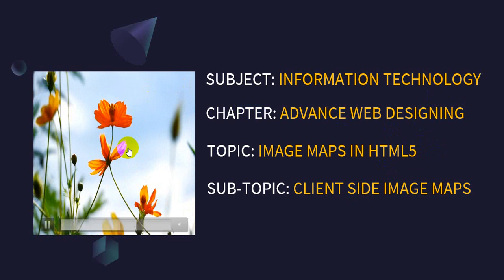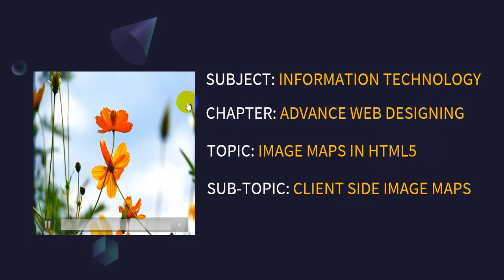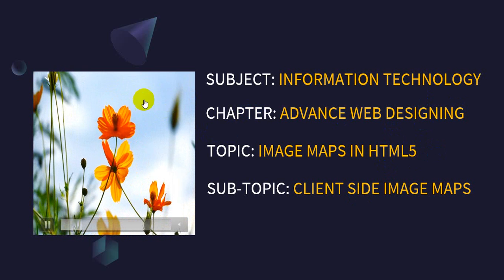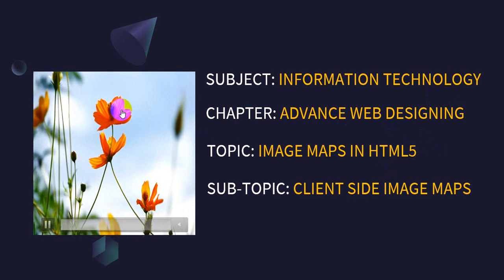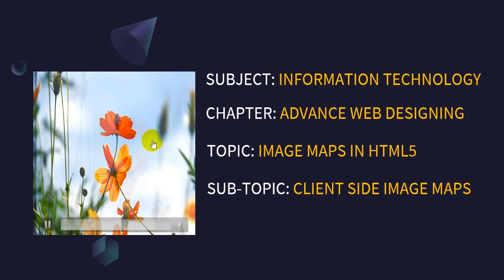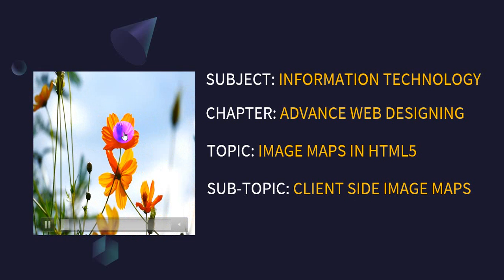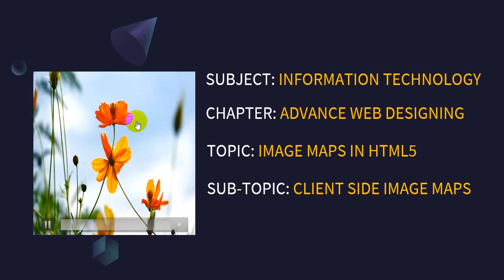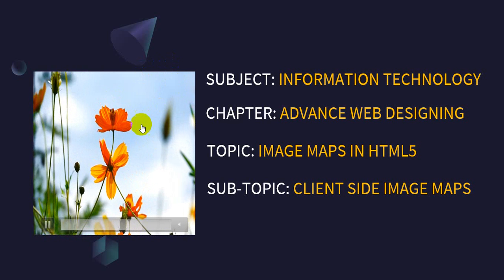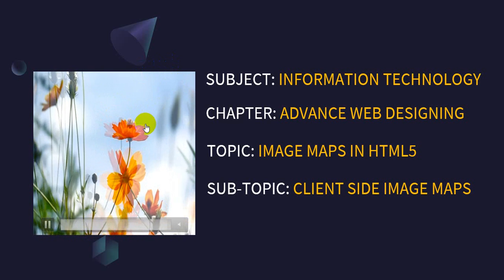So finally I think you got some idea regarding image mapping. We have one image, and on different sections of the image we create different hyperlinks. For example, when you are watching an animated video in which some flowers are moving, when I click on that flower, some web page will open.